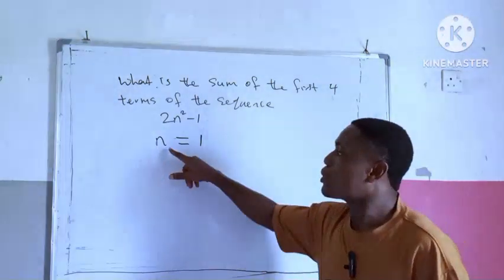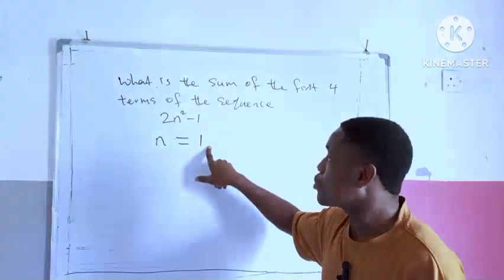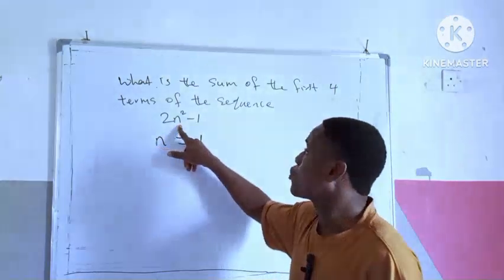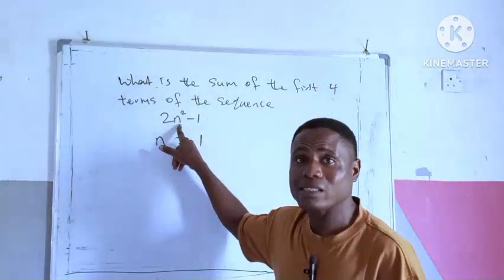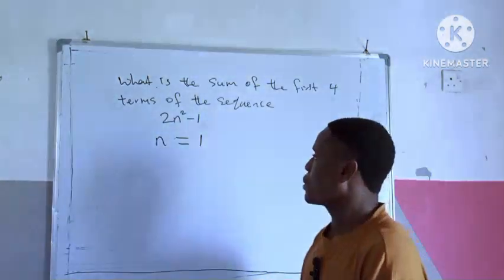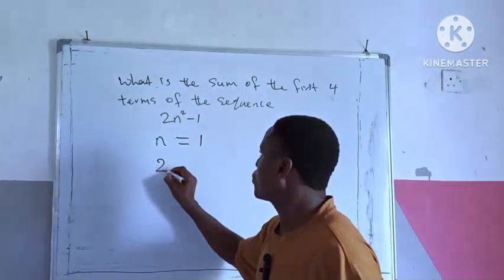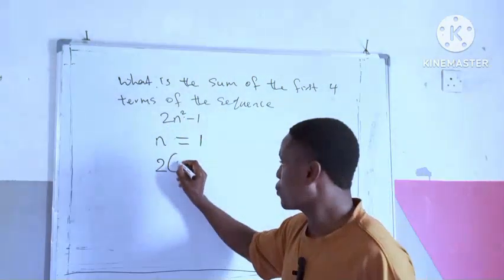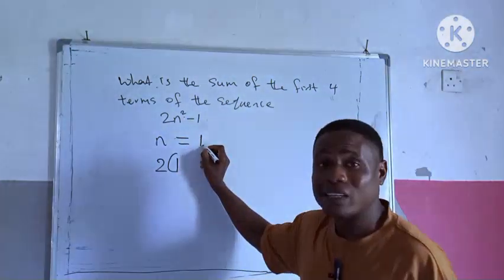So if n is 1, we substitute it into this given expression. Anywhere we see n in this expression, we put 1. So we have 2 multiplied by n squared, so we put 1, we said n is 1.